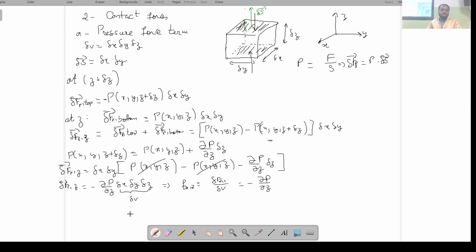By symmetry, a similar contribution exists in the Y and X directions.